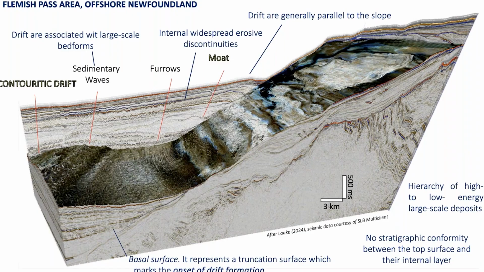There are internal discontinuities that normally also represent internal erosional surfaces. There is non-stratigraphic conformity between the top surface of the drift and the internal layers, and there is a hierarchy of high to low deposits when you go from the core position laterally in the drift, but also up current to down current. So the variability is in two dimensions, not only in one.